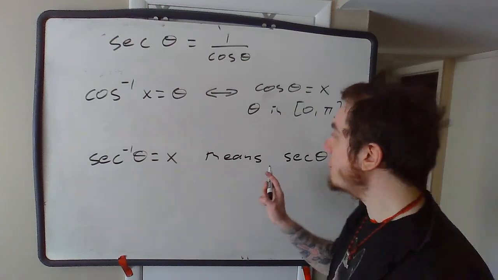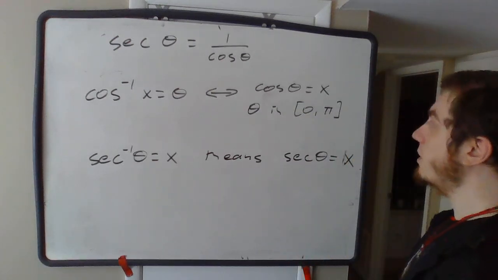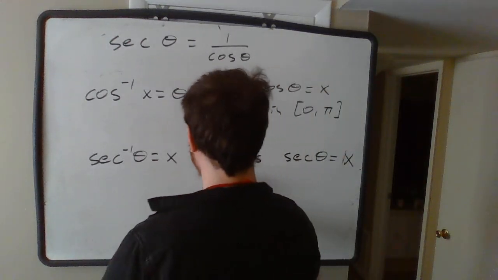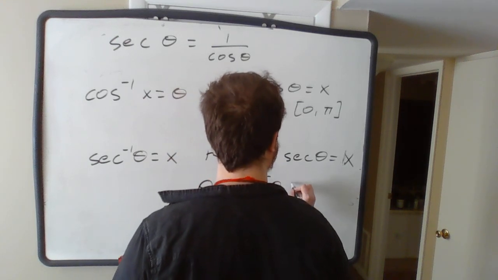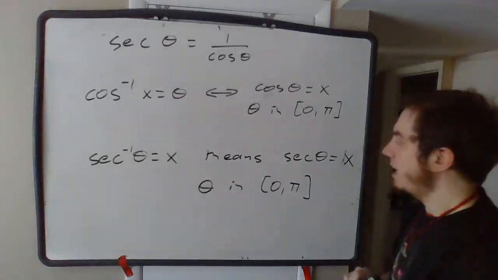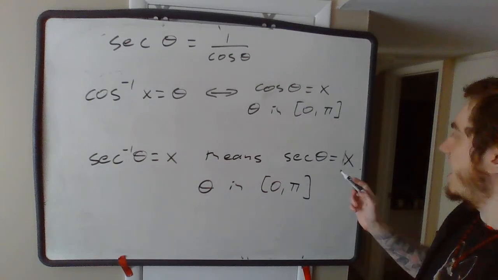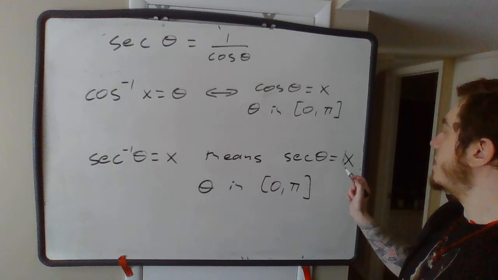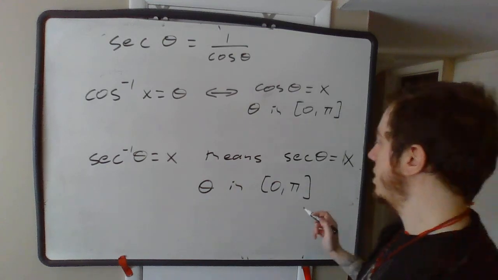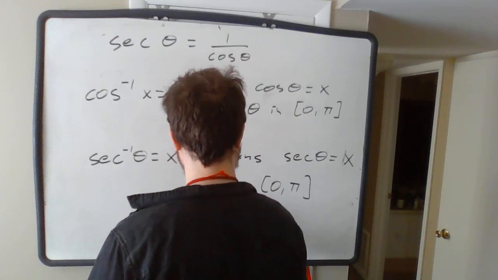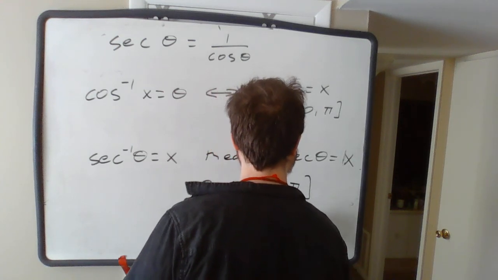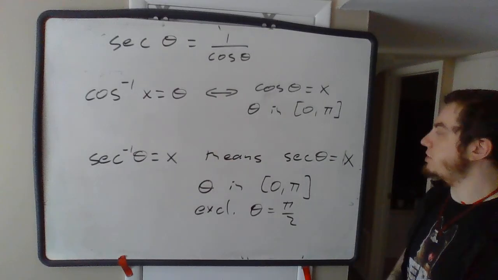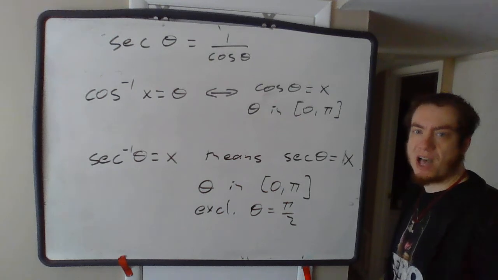So, returning to this problem at hand, we want to say also that theta should be in the interval from 0 up to pi. But here's the thing. This is going to need to exclude theta being equal to pi over 2, because for pi over 2, secant is undefined.